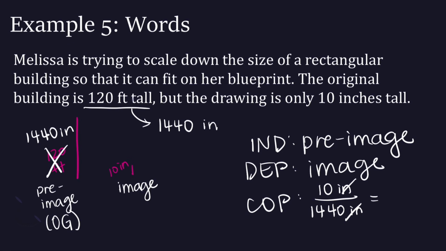So those cancel out, and if I divide them out, it becomes 1 over 144. So that would be my constant of proportionality. If I was talking to Melissa, I would say, hey, use this 1 over 144. Every single measurement you get from the original building, divide it by 144, and you will get the size that you can put on the blueprint.